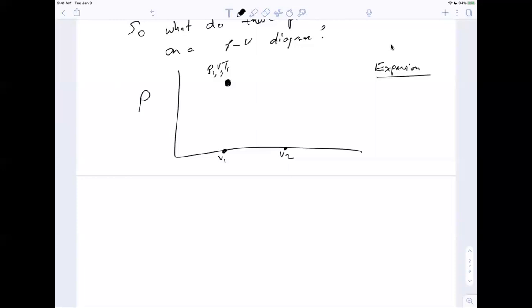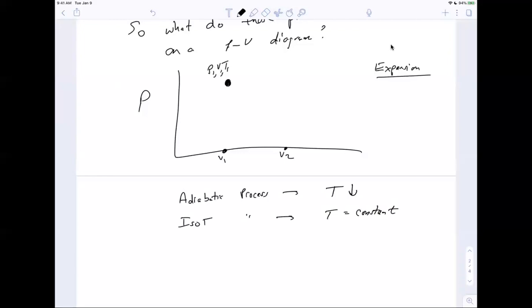Right, the temperature decreases in the adiabatic process. T goes down, okay? And in the isothermal, what happens to T? It's constant. Right, T is constant.